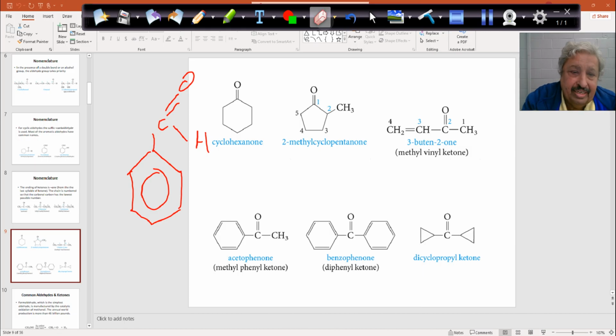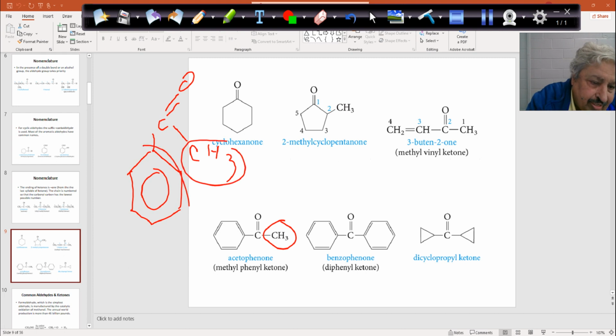Now, if you take the H out and put any other group here, like CH3, that's a ketone now, no more aldehyde, because you have two R's connected to the carbon. That's a ketone group, correct?